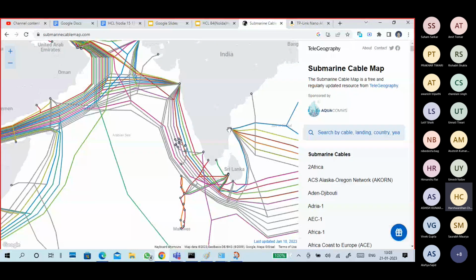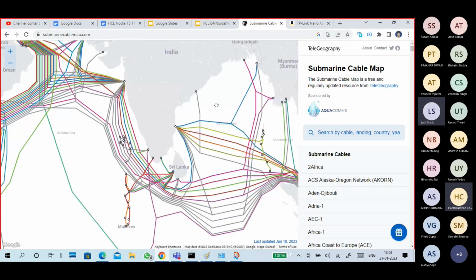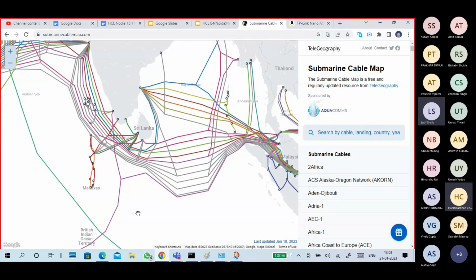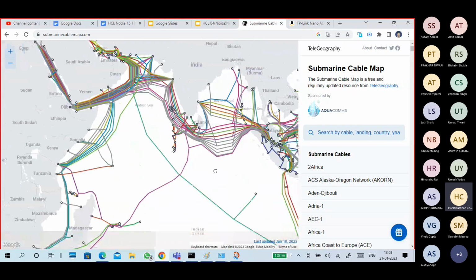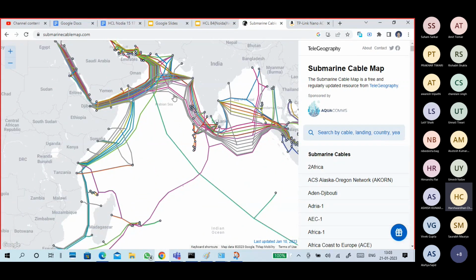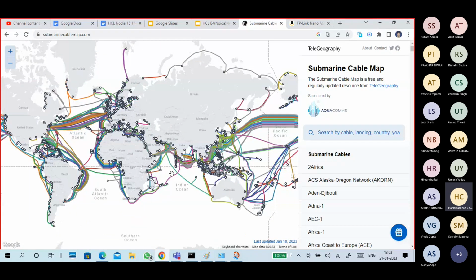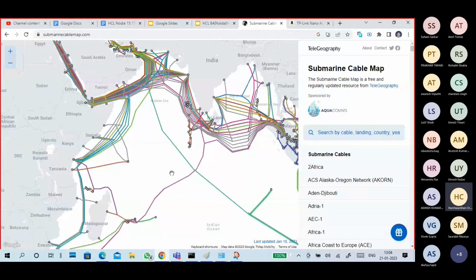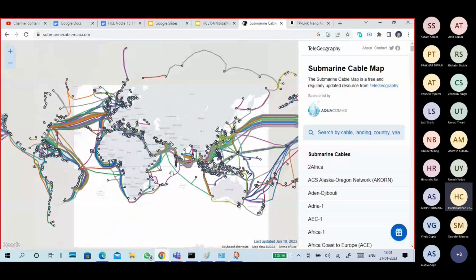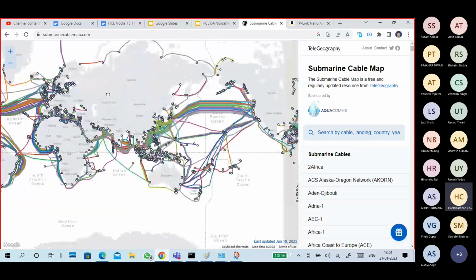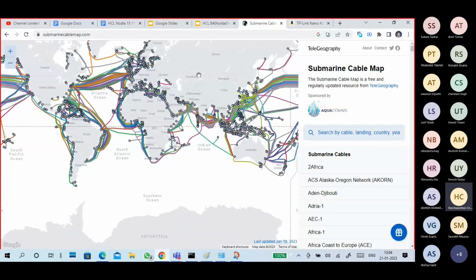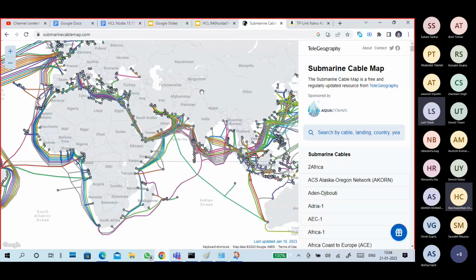From here, Chennai, Trivandrum, Cochin, Sri Lanka, Andaman, Nicobar, Lakshadweep, Maldives.